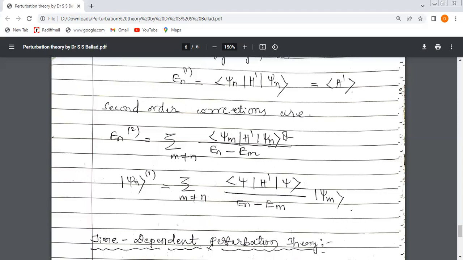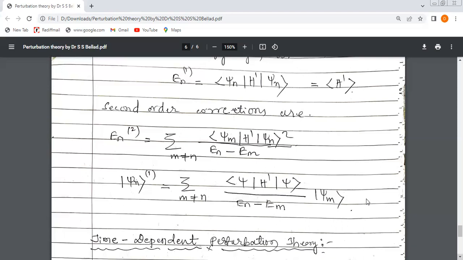The second order correction for the perturbing Hamiltonian H dash is given like this: En of 2 is equal to the summation over m not equal to n of the matrix element of H dash between psi m and psi n, squared, divided by En minus Em, and the corresponding wave function is given by this equation.